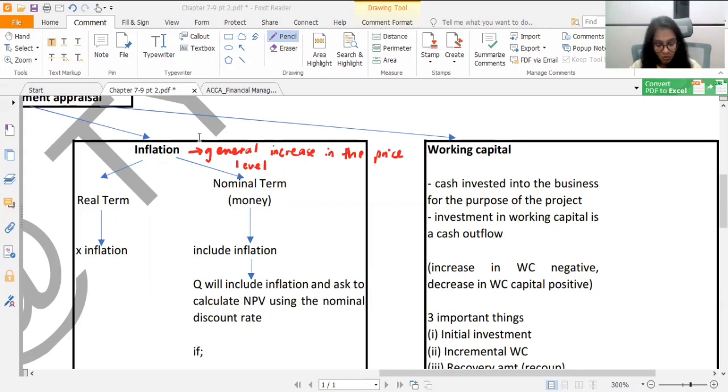So you will incorporate the inflation values into your investment appraisal. Reason being, over time there will definitely be an increase in prices, hence you need to include these price increases in your NPV calculation.